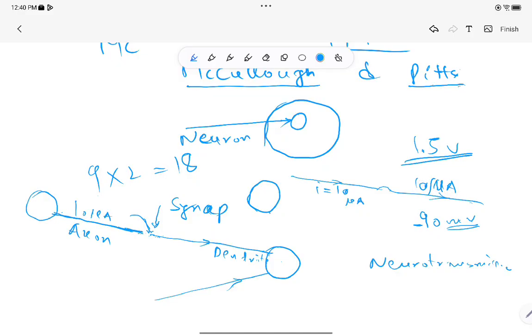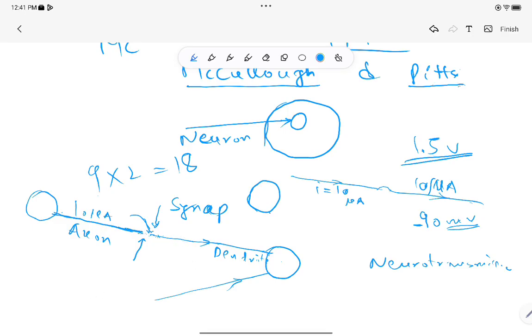But in case of this synaptic junction, because chemistry is involved here, the role played by chemistry is remarkable. When these neurotransmitters are secreted into this space, the current that will be triggered here depends on many things, and it's not a must that the current will be 10 microampere here as well.